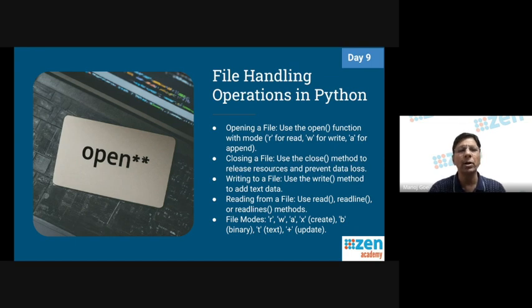A means you are just appending the new data. But if you say W plus or A plus, that means you want to write and update as well. If there is some old data, you might be willing to update that data as well. So plus is for update.